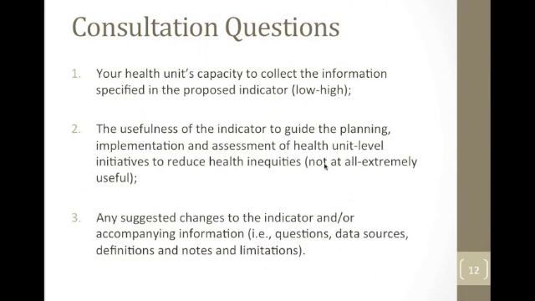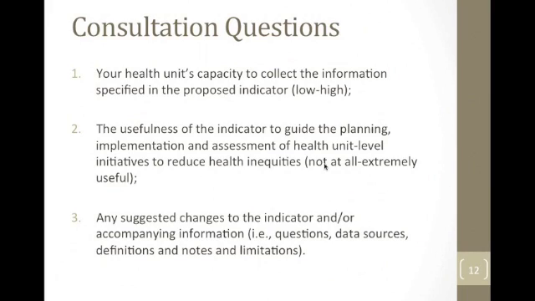With each indicator, the electronic survey asks 3 questions, and they are the same 3 questions. The first question is, what do you perceive your health unit's capacity is to actually collect this information? And we ask you to indicate whether it's a low or a high capacity.